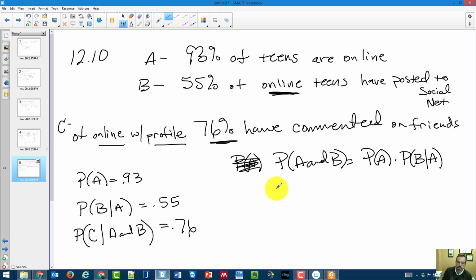This is very similar to what we had before. Before we had a special case. The probability of A and B occurring, we just said, was the probability of A times the probability of B. Remember, this worked for independent events.